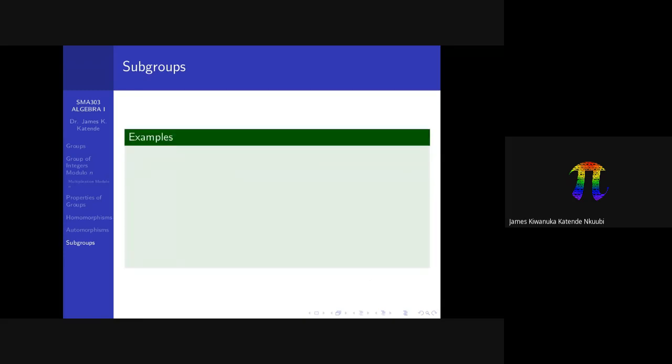So let's look at some examples of subgroups. For any given group G, the whole group G and the set containing only the identity element are subgroups of G. You can check that. These are the easiest examples of subgroups you can think of.